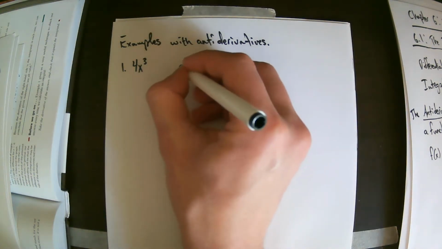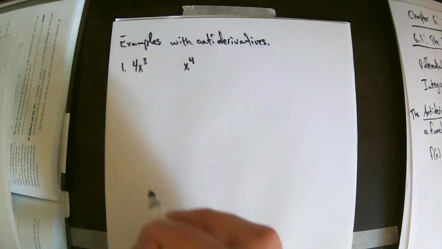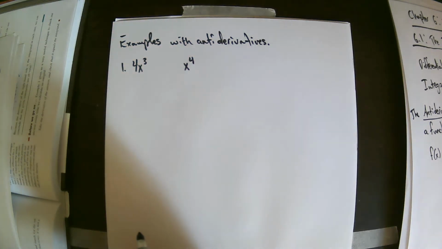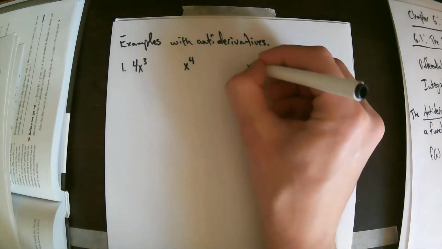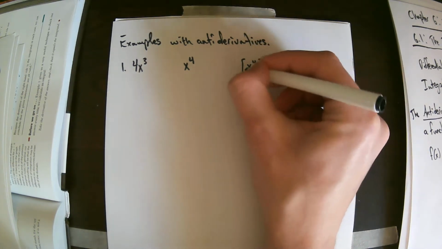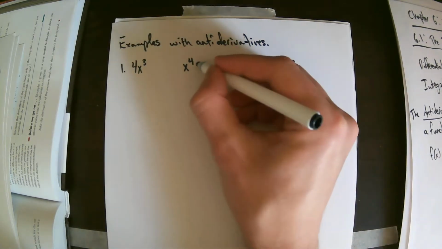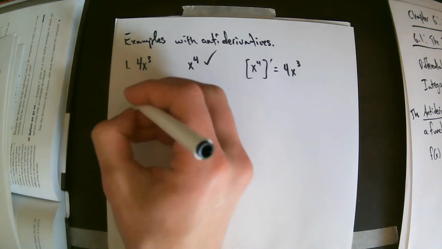So what if I take the derivative of x to the fourth? Well, x to the fourth prime is going to be, drop the 4, lower the exponent by 1, 4x cubed, so x to the fourth works. Okay.